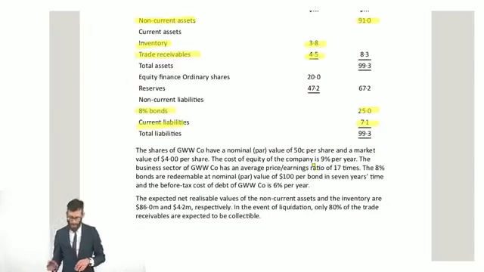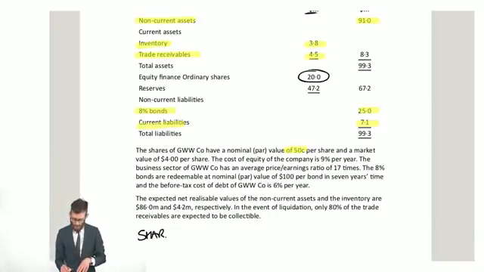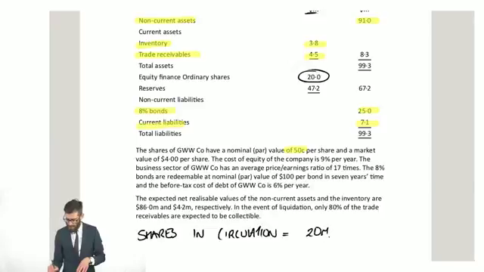Then as we read, we are told that the shares of this company currently have a par value of 50 cents. Well, if we come up here and we look at the ordinary shares of $20 million, well then the shares in circulation would be 20 million divided by 0.50 equals 40 million.